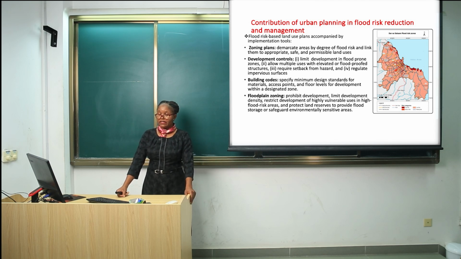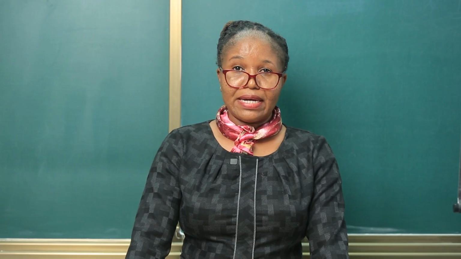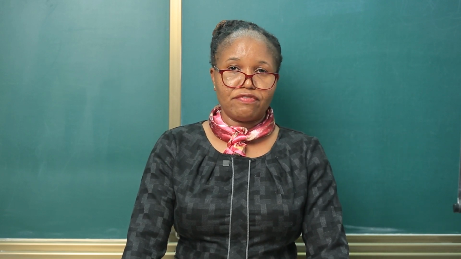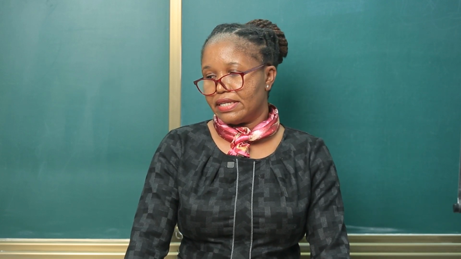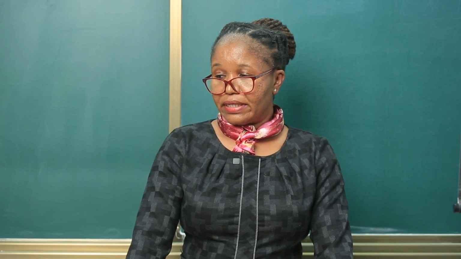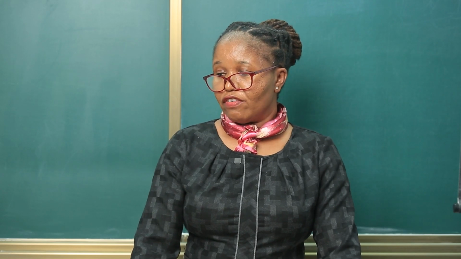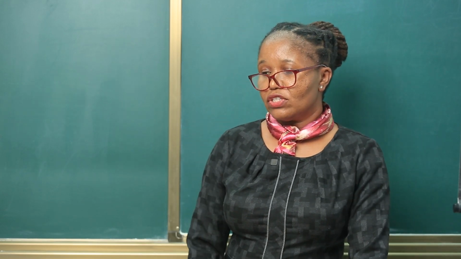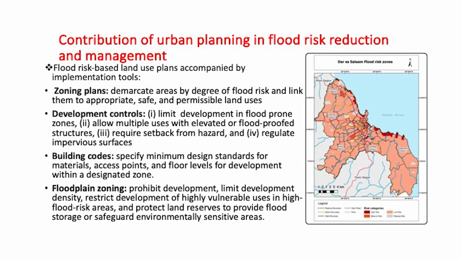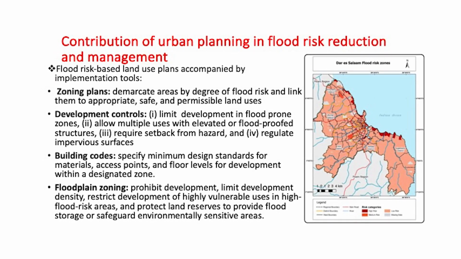Urban planning also can reduce flood risk by using building codes, specifying minimum design standards for materials, because flood disasters may happen because of the structures which are built, especially if they're built in flood risk areas. Also through floodplain zoning, by prohibiting development or limiting development density or restricting development in highly vulnerable areas.